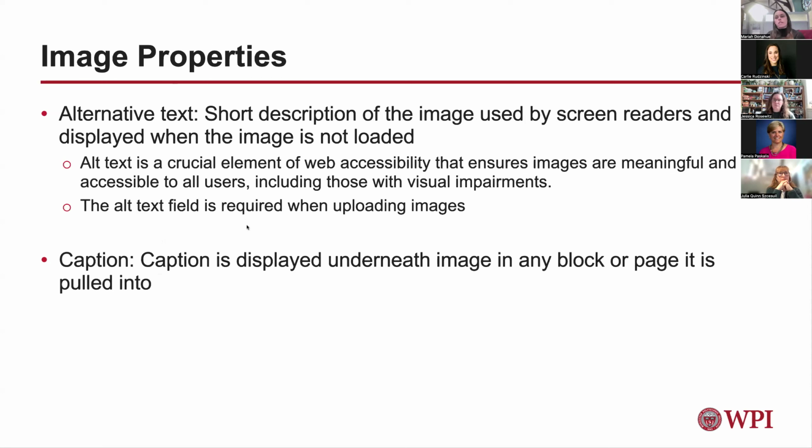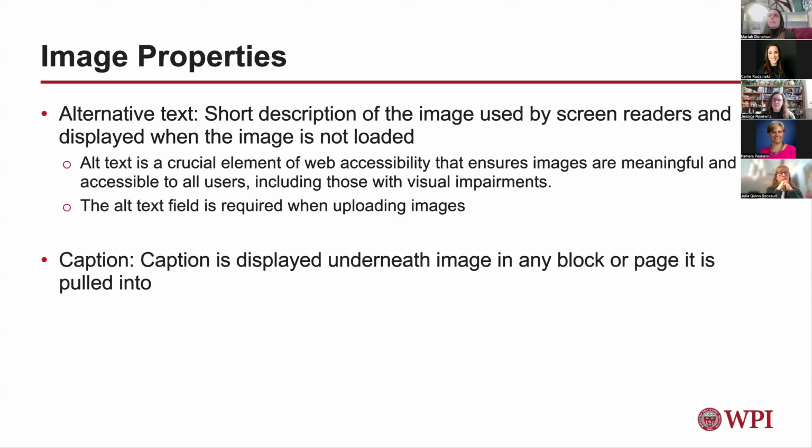We'll also be using quite a few blocks that have a field for an image. So we'll go over uploading an image just once, and then we'll use images that are already in the media library for the other blocks.